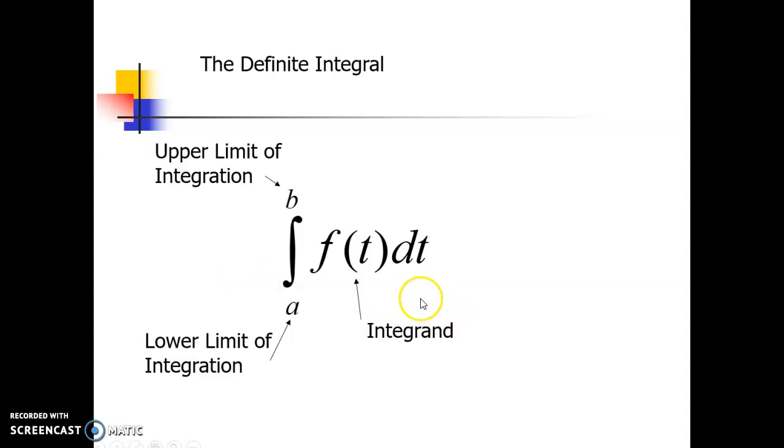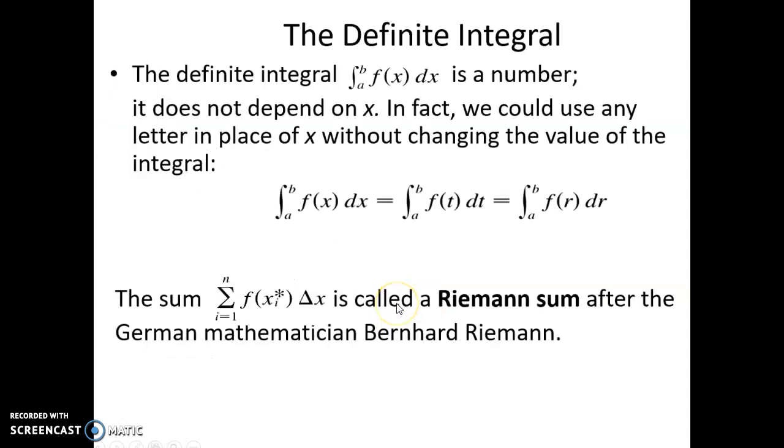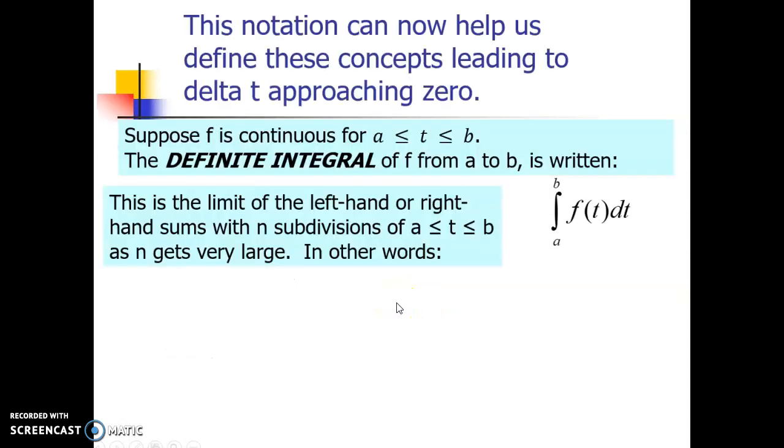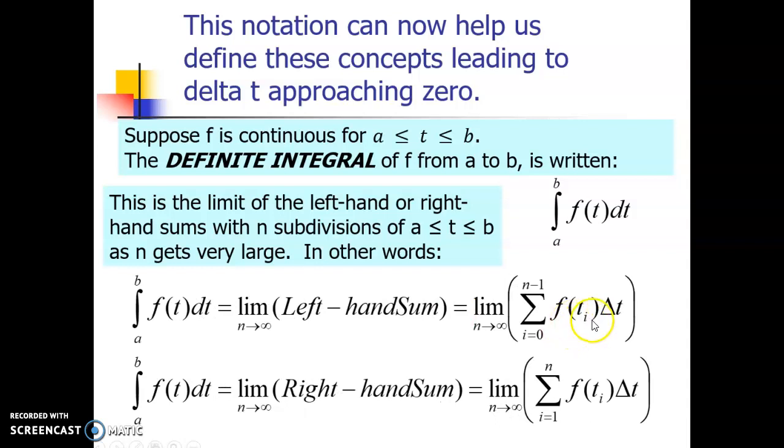Now, you can kind of see where this notation came from. Let me go backwards to the last slide. The notation that they came up with here was that this whole part right here, the limit as n goes to infinity of this summation starting from A and going to B, here's the function, so you can see the function right there. Notice it's very similar to the Riemann sum. And they use dt as the delta t.